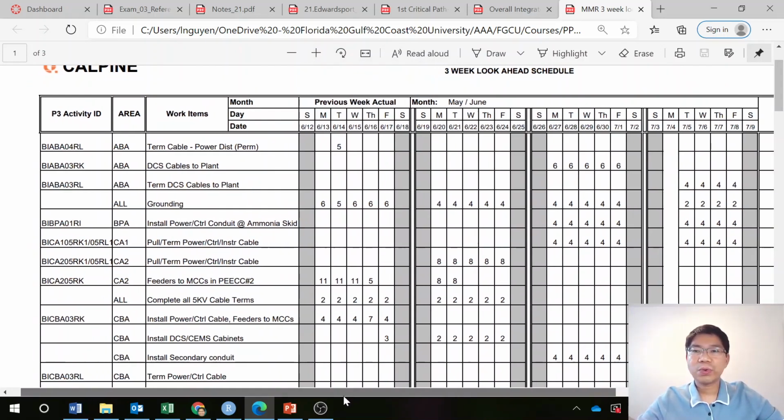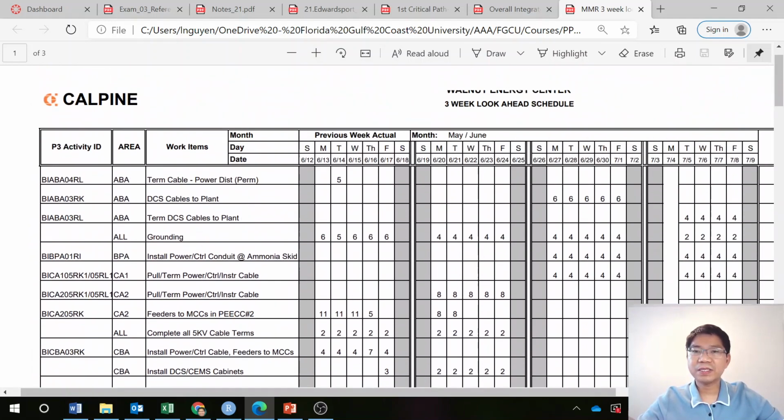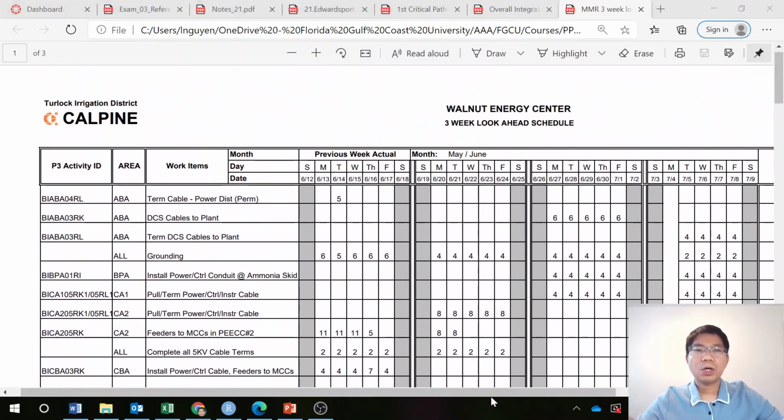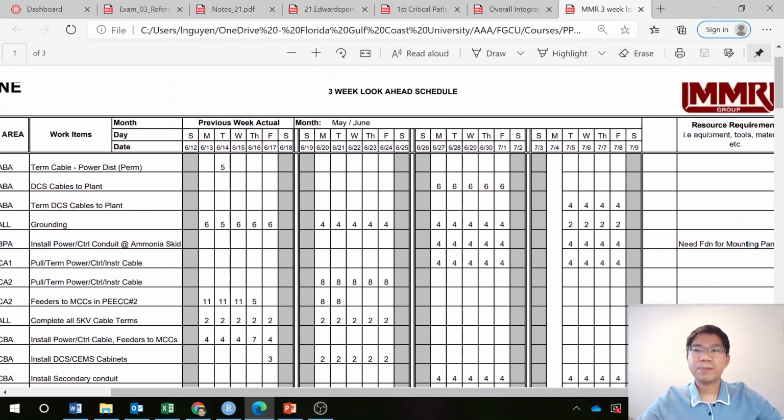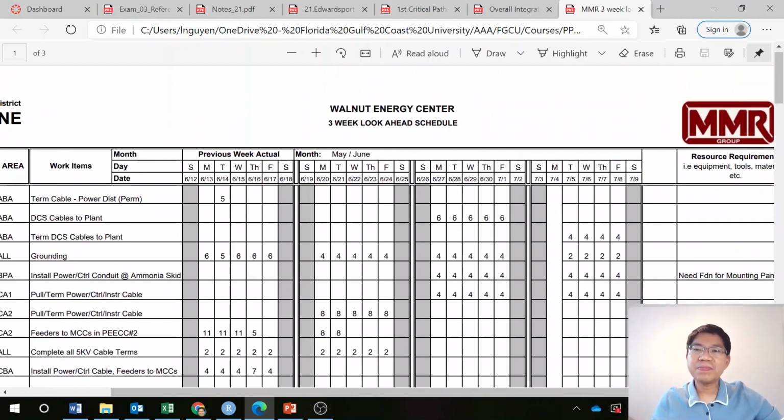In the rows, we have different activities, and for each work, you have what happened in the previous week, and this previous week is actual. Let's see grounding. Previous week, Monday, allocate 6 workers, Tuesday 5, Wednesday 6, and then Thursday and Friday 6.